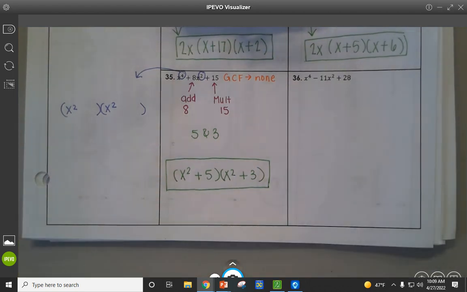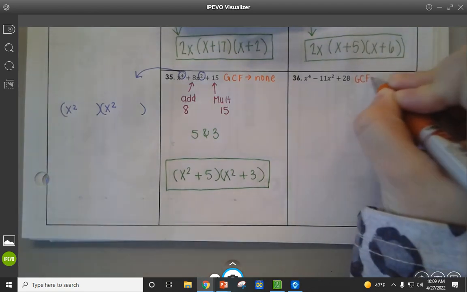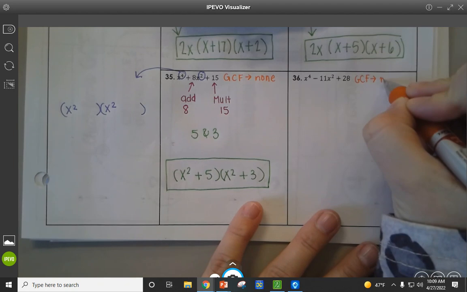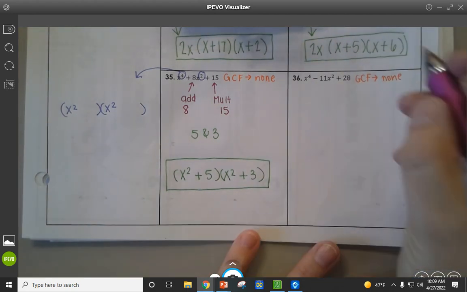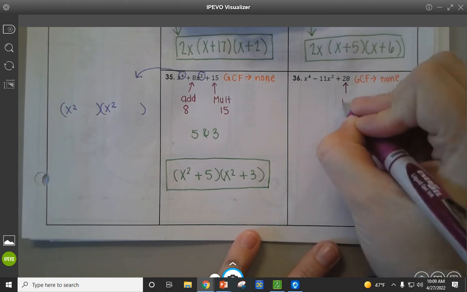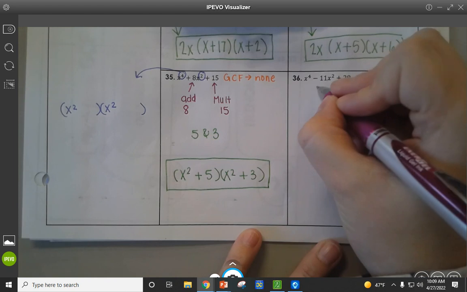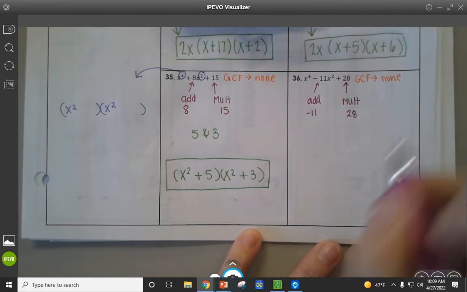Number 36. Look for a GCF. Is there anything that they all three have in common? No. So we need two numbers that multiply to be 28 and add to be negative 11.